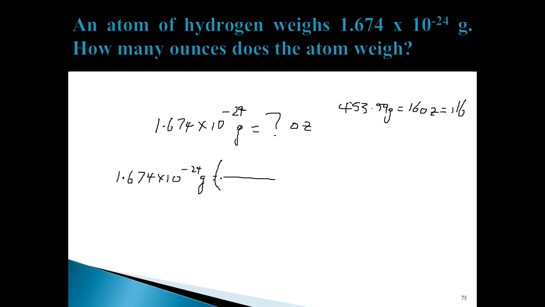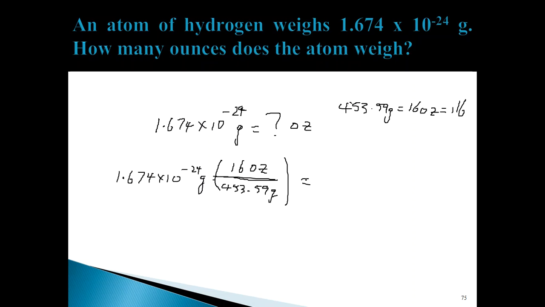So the conversion factor that I would use here, I'm going to set it up such that I'm going to have 453.59 grams down here, and up here I'm going to have the 16 ounces, and I would work that out.